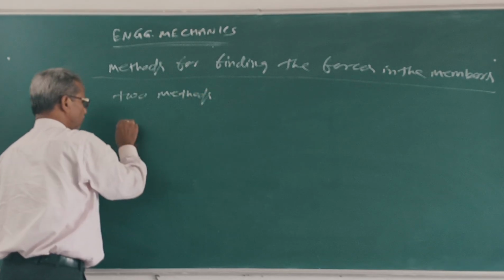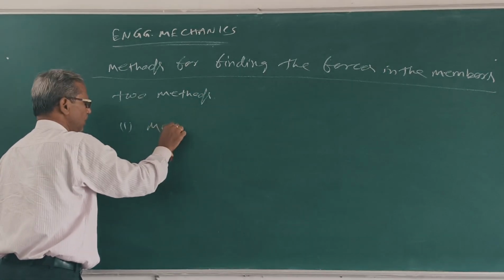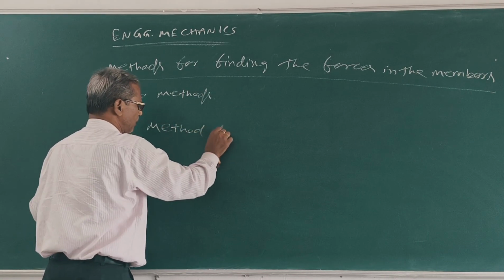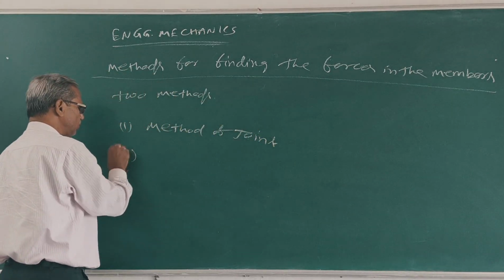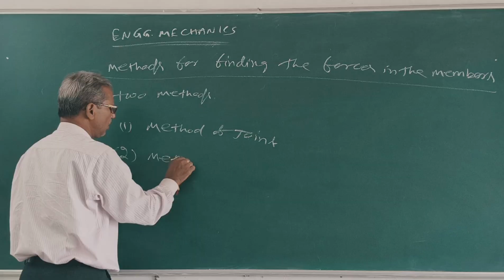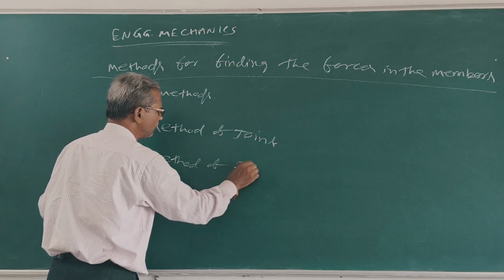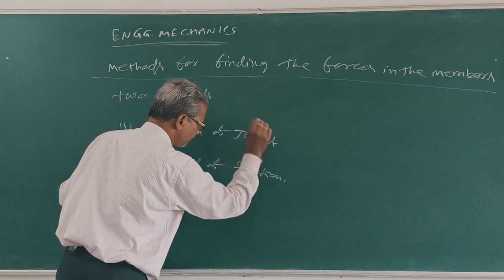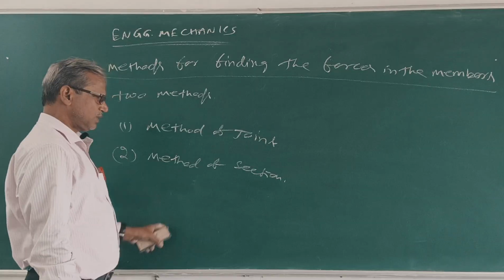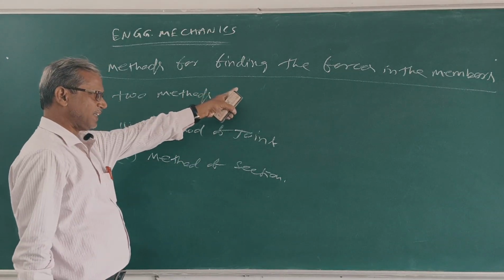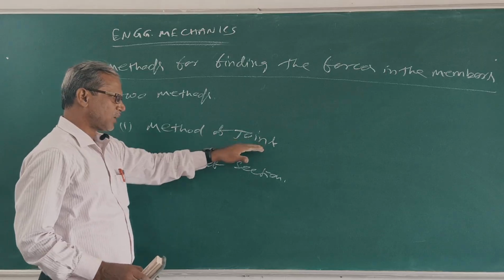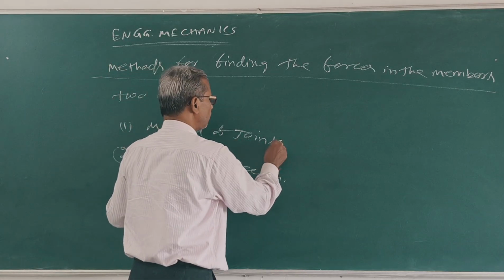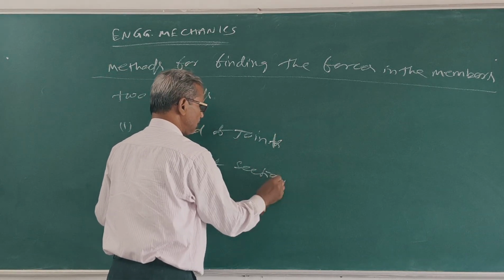Number one, method of joints. Number two, method of sections. Clear? There are two methods for finding the forces in the members of the truss. Number one, method of joints. Number two, method of sections.